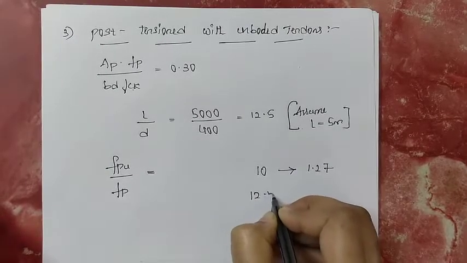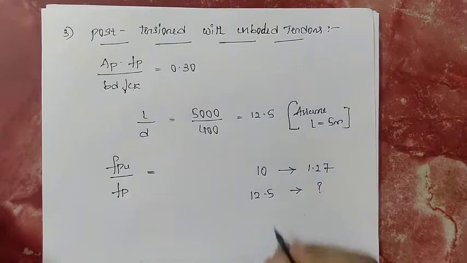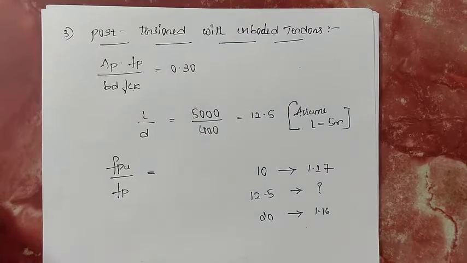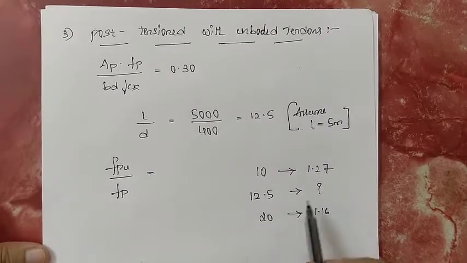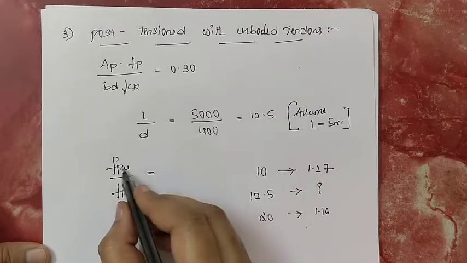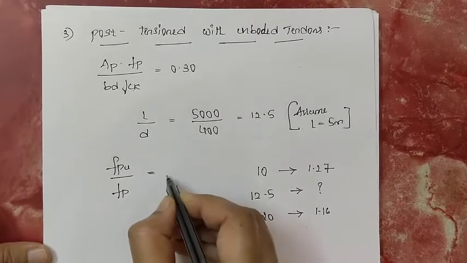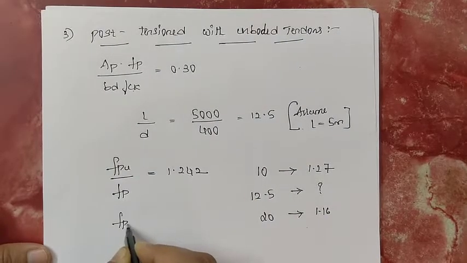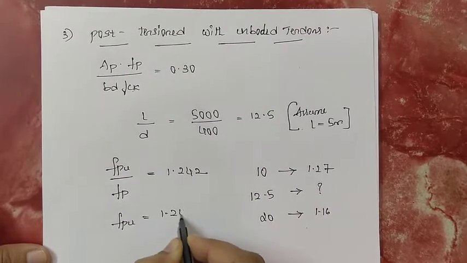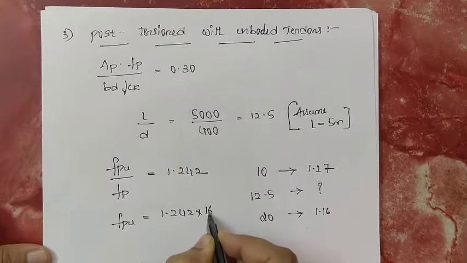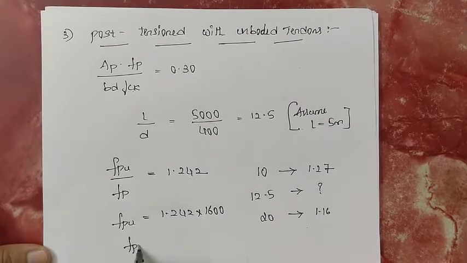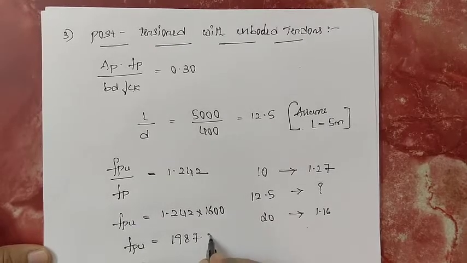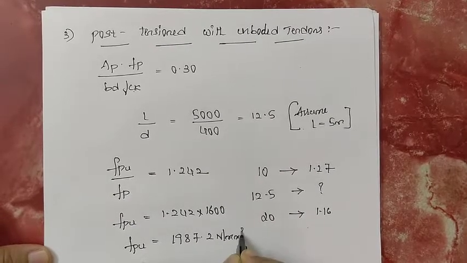For 12.5, you need to calculate it. For 20, it is 1.16. Upon interpolation, for 12.5, the ratio of FPU by FP you will get as 1.242. Then calculate FPU: it is 1.242 into the FP value, 1600. Then the FPU value is 1987.2 Newton per mm square.